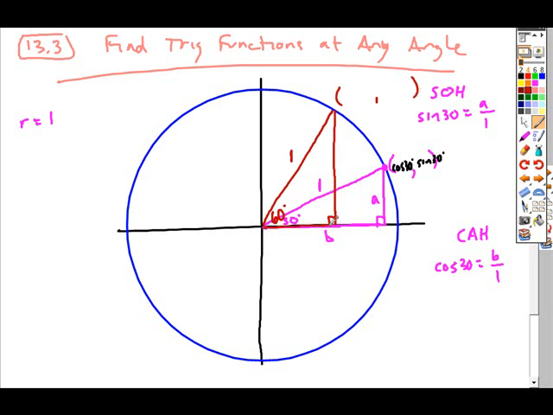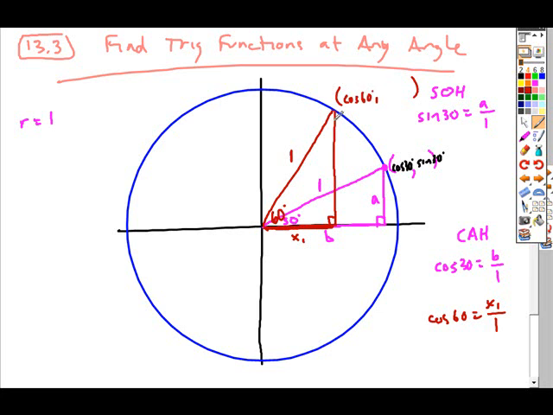Let's find the x coordinate first. I'll call it x1. Which trig ratio relates? Cosine. So the cosine of 60 degrees is equal to x sub 1 over 1, which means that x sub 1 is just cosine of 60.